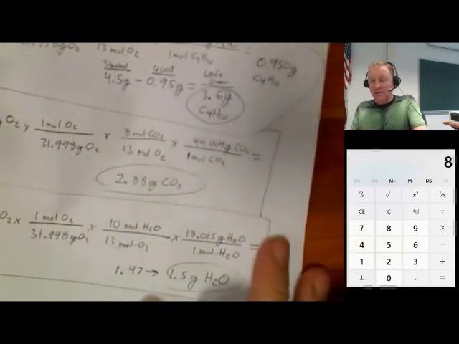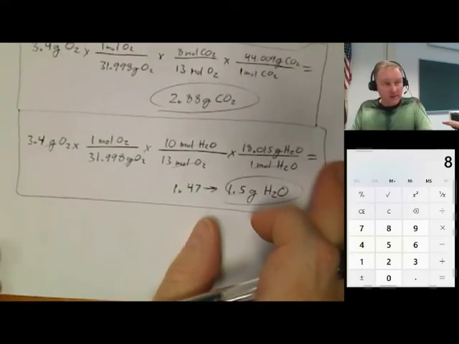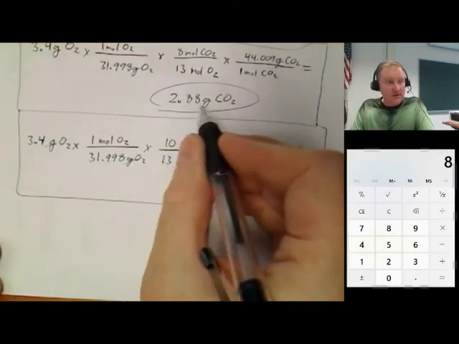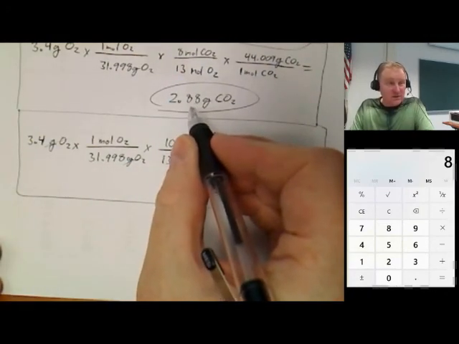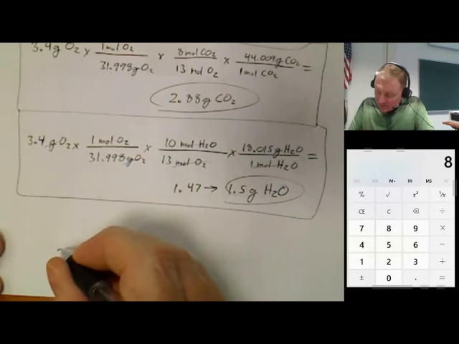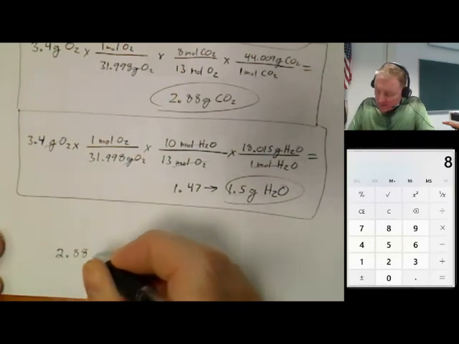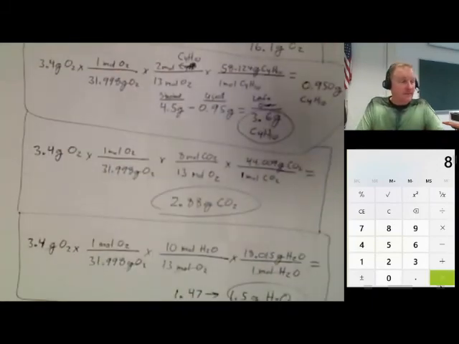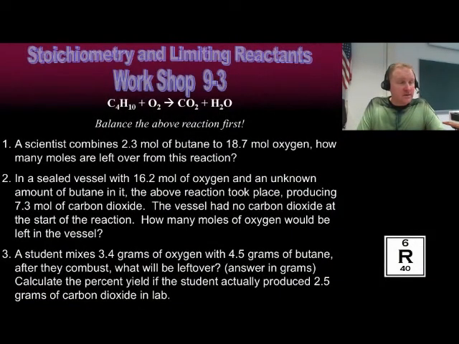So the last thing I need to do is, it said, what's the percent yield of the carbon dioxide? Okay, so the percent yield is what we should have got. So theoretically, I just did some calculations, and I should have got 2.88 grams of CO2. But the question says I actually got 2.5 grams in the lab.